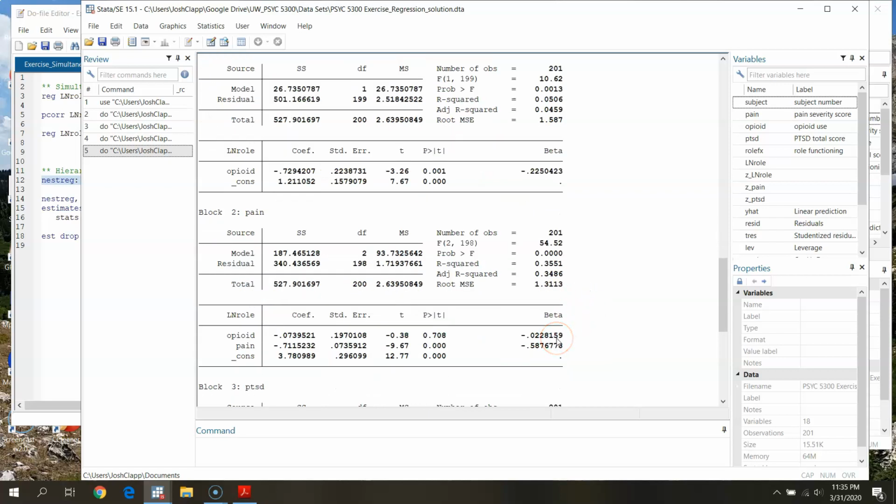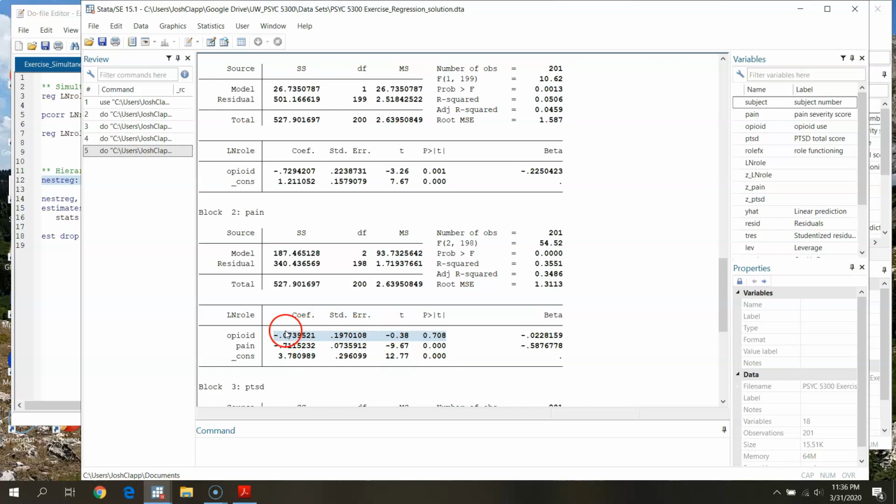But in the second block, if we go through and we add physical pain, we see something different. We see that our R-squared value with just opiate use in the model goes from 0.05 to 0.355. So we've got a big jump in our R-squared. Adding pain to the model contributes a lot in terms of the prediction of variability in the natural log of role functioning, and we also see that now our opiate use variable is no longer meeting criteria for interpretation.